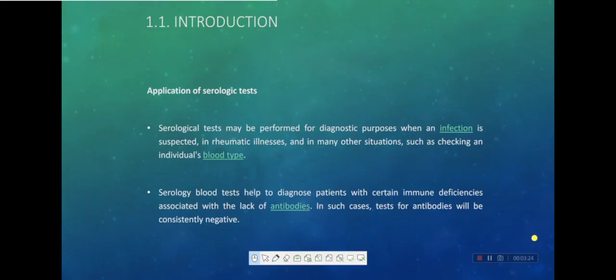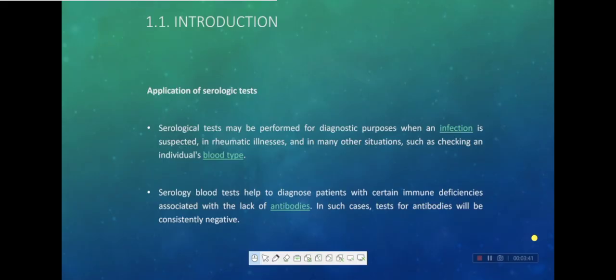It is also useful in the detection of autoantibodies, those harmful antibodies that attack the components of our body, involved in autoimmune diseases such as rheumatoid arthritis.